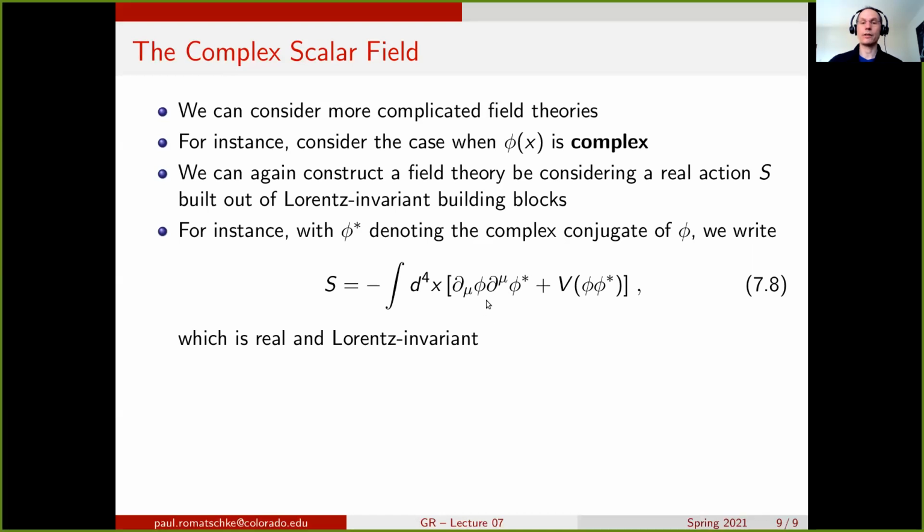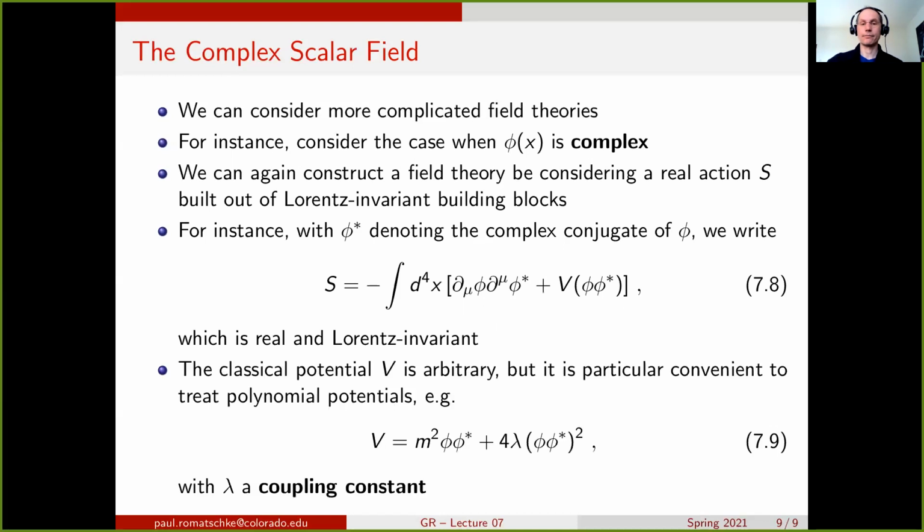And it has the property of being real because every quantity here appears times its complex conjugate. So we get a manifestly real Lagrangian density. So this is an example of a real and Lorentz invariant action for a complex scalar field. Again, the potential here is arbitrary.